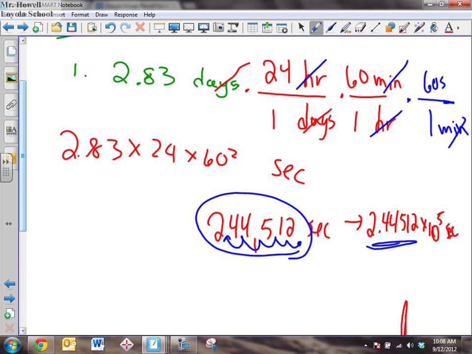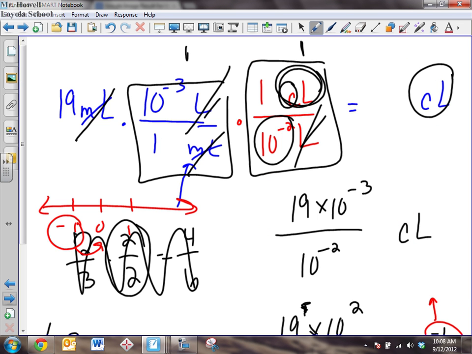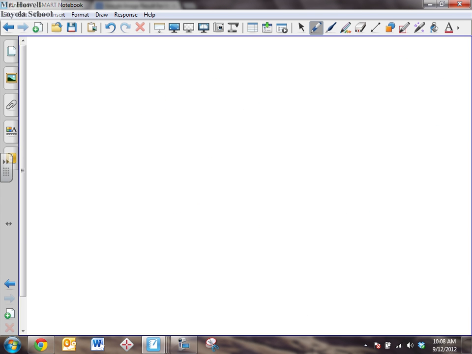Number 10. This can be tough. So we're going from 60 kilometers per hour to meters per second. All right. The first step I'm about to tell you is probably the most important step.